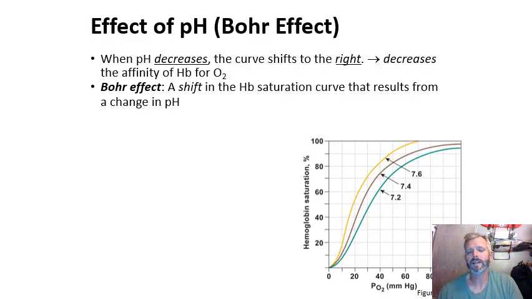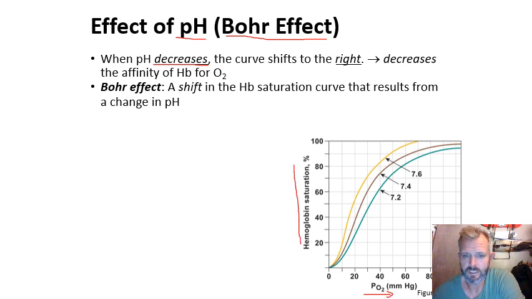One of those factors that can affect the unloading of oxygen is pH, also called the Bohr effect. We'll see what happens when we become more acidic, when the pH decreases. Looking at this graph, you can see the partial pressures of O2 here, and here's the hemoglobin saturation.